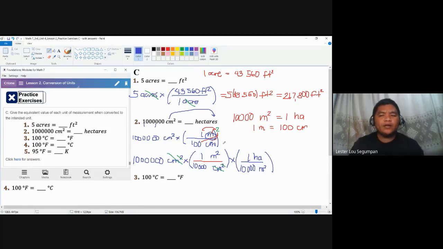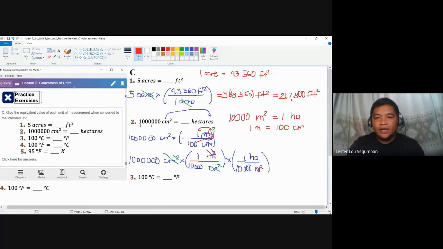Is squaring constant, sir? Basically, when we talk about area, our units are in squares. If we're going to venture on the conversion of volume in cubic units, definitely we are going to cube the conversion factor. Let's have it some other time. Let's focus here, and then we can now remove the meter squared here as well as here.